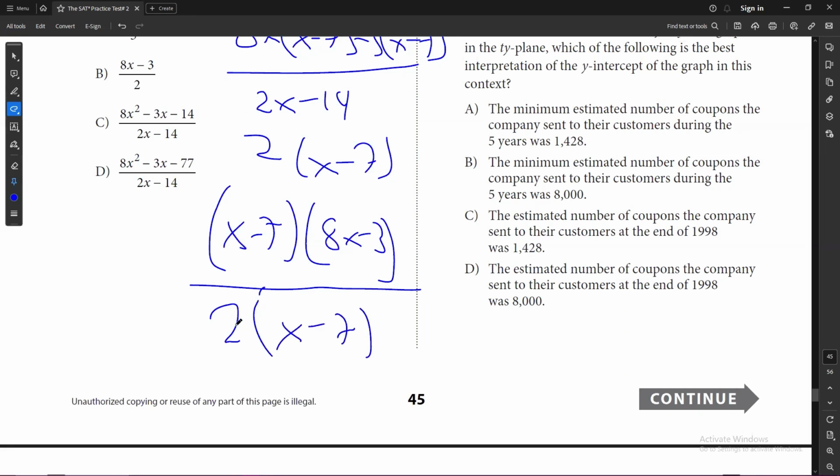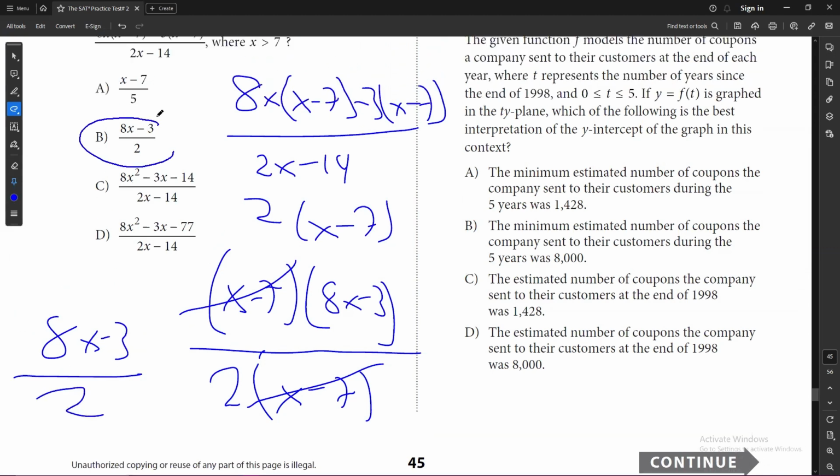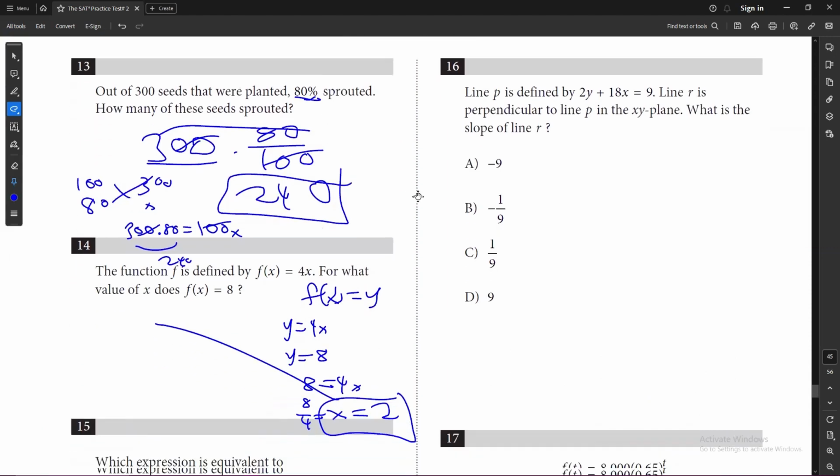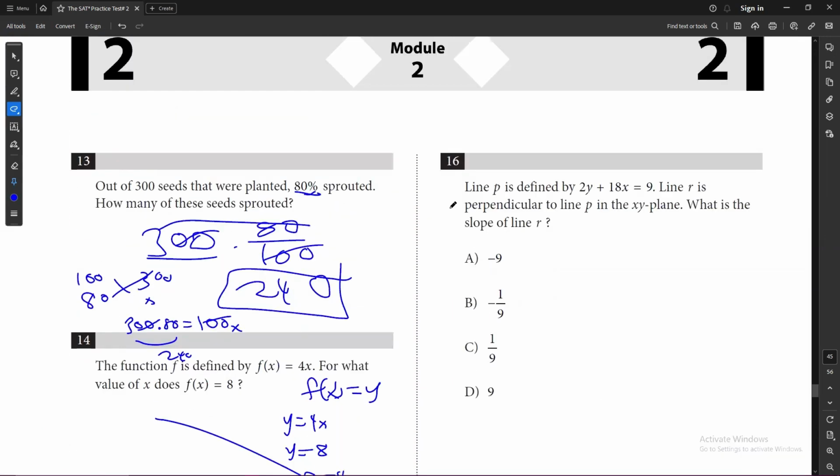Since I have x minus 7s in the bottom and the top, I can cancel them, and I end up with 8x minus, I'm sorry, minus 3 over 2, which is B. All right, just the last 2 questions, and we're going to be done for today.